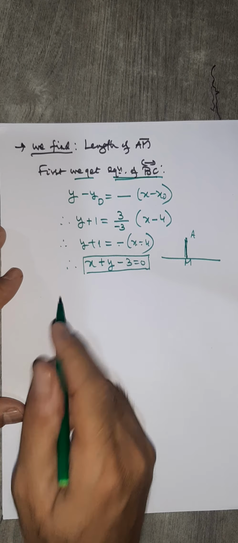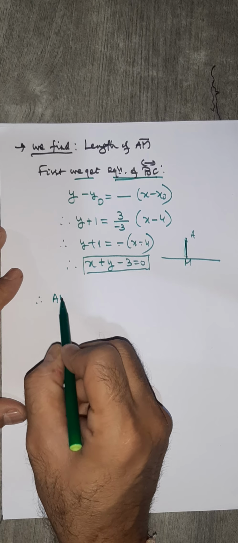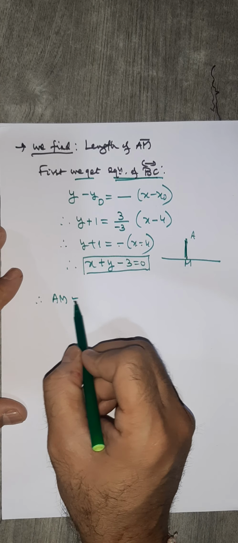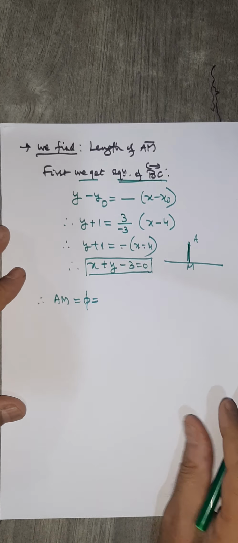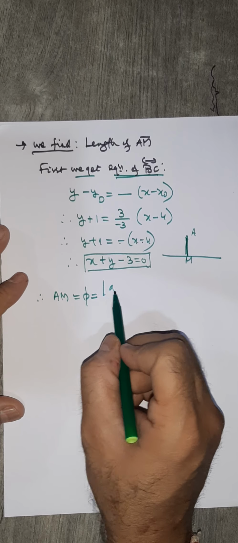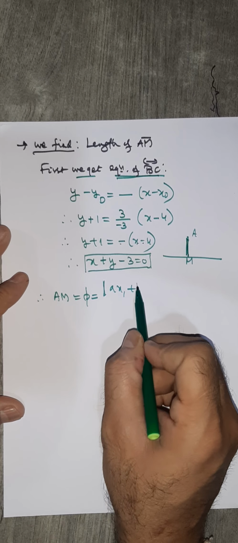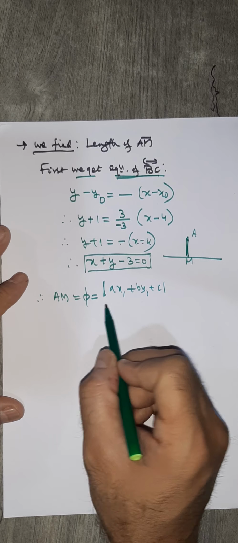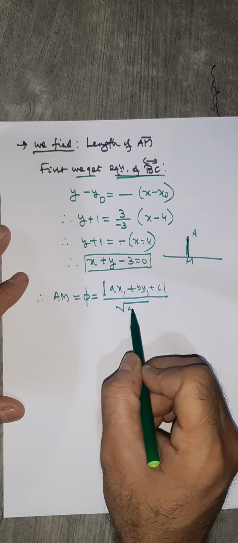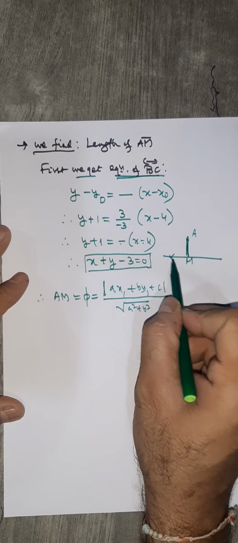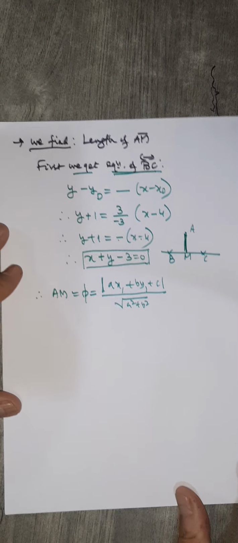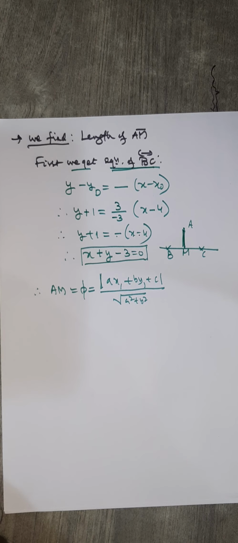AM means its distance, equals small p, by which formula? The one we used in the previous example, twice. Your line is BC, and that's why we got this equation.